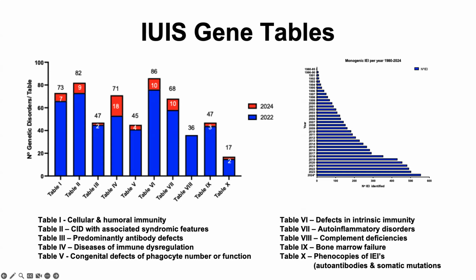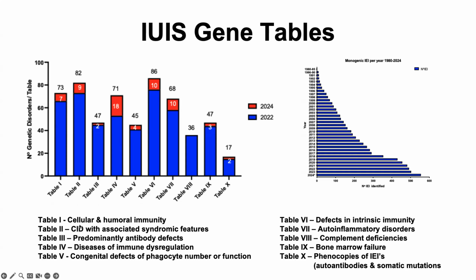In this catalog, we try to break them down. When we started doing this several years ago, it was relatively easy to put each of these gene defects, because of their phenotype, into a bucket. And those buckets were then put into tables. So it was organized around these 10 tables. For instance, table 1 is the cellular and humoral immune defects. So these are the SCID defects in table 1.